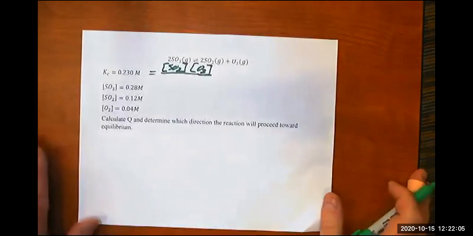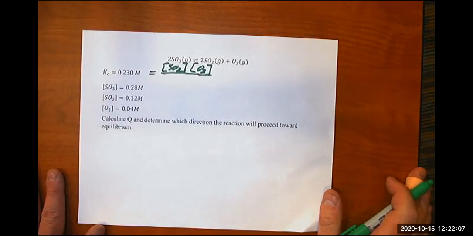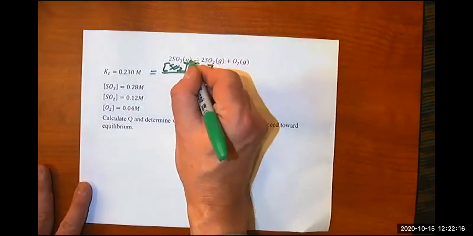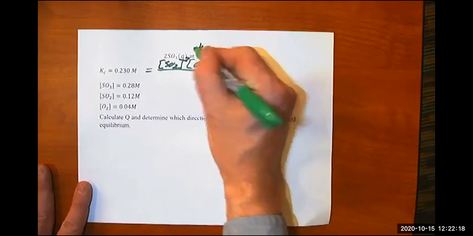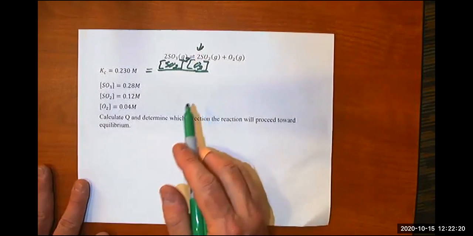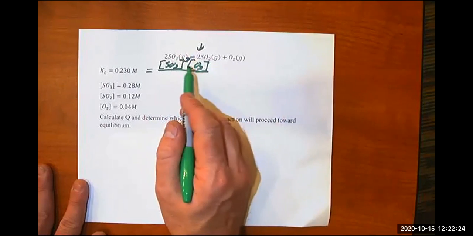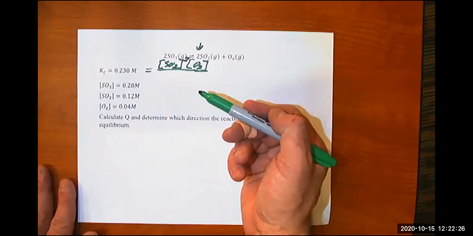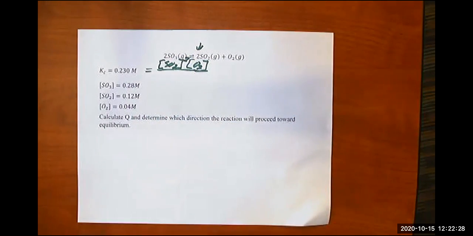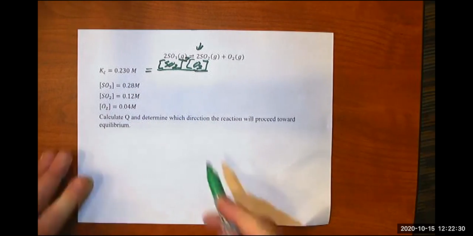What else do I need to do to the numerator? Add an exponent to the SO2, make it squared, because we have a 2 right here. Right. And it's also important to remember that these are the concentrations at equilibrium. It'll be a Q, a reaction quotient, if it's not at equilibrium.